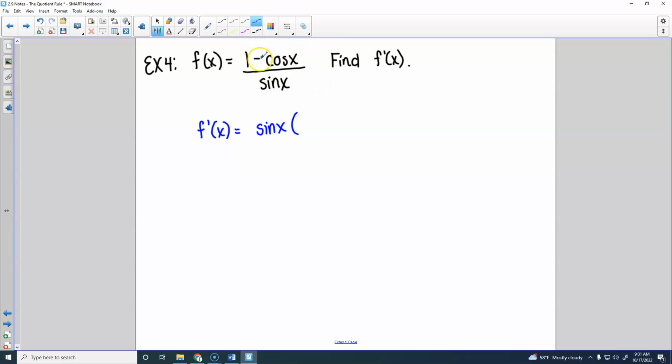But then when we put this negative out here, it's going to be a positive sine x. Minus high, 1 minus cosine x, times the derivative of the low. What's the derivative of sine x? Cosine x. Over sine of x squared, which we can write as sine squared x.